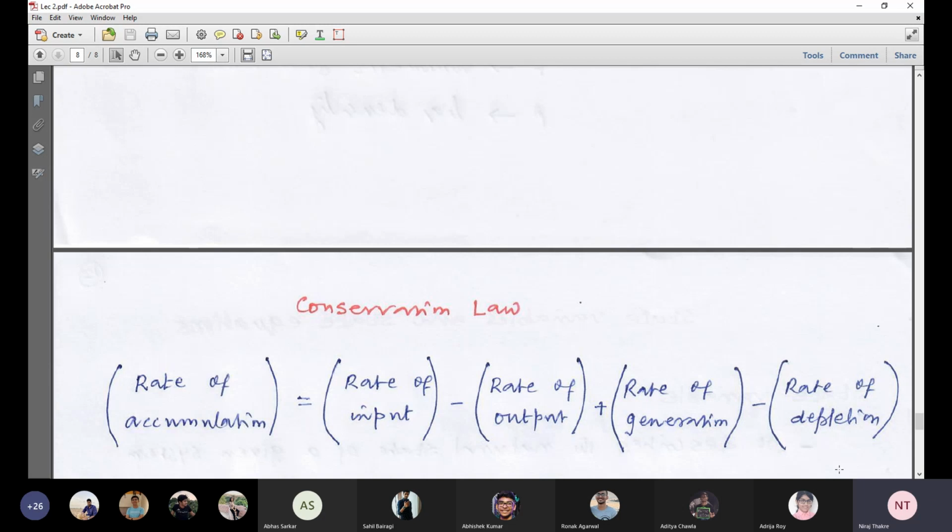So what do you think? We will keep the rate of generation, rate of depletion both, or what we can do related to this? Anyone can give the answer. My question is, in this generalized equation, we need to keep both the last two terms, or we can do something.